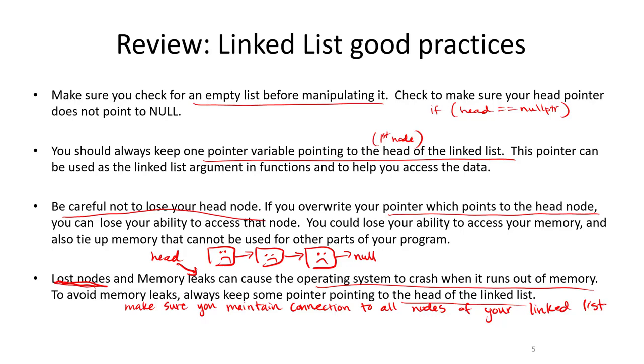Because remember, if you make a pointer point somewhere else, then you would lose access to the nodes in that list. So you have to make sure each node has a connection to the other nodes in the list so that you can still access that data.